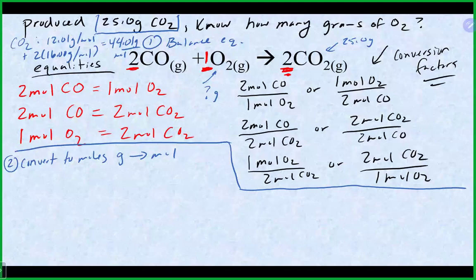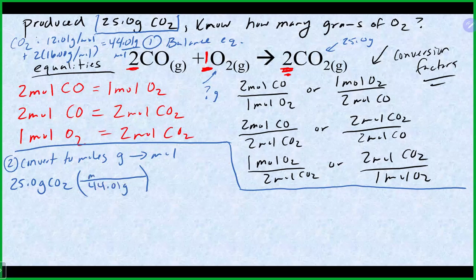So I'm going to take my 25 grams of CO2 that was given to us, and all I'm doing is using the periodic table and getting the molar mass, which gave me 44.01 grams on the bottom, moles on top.